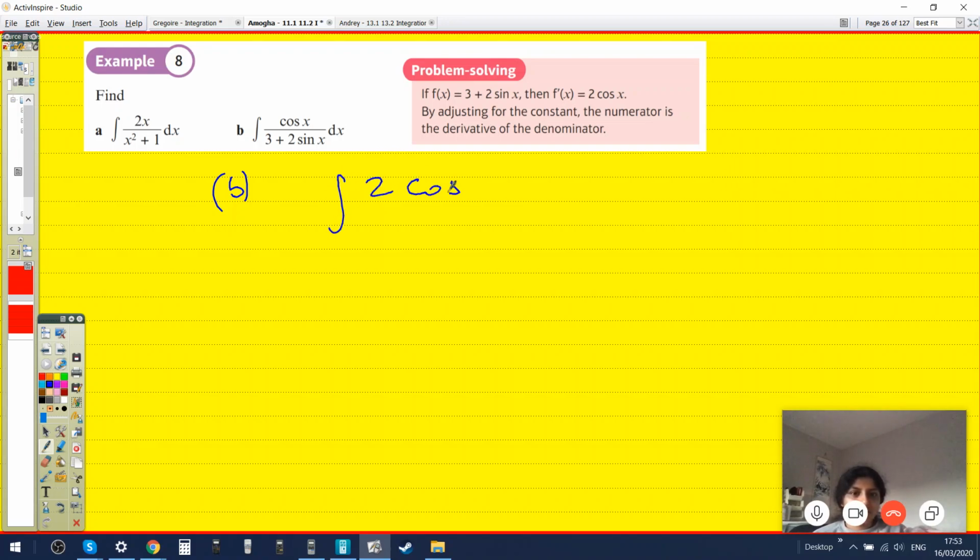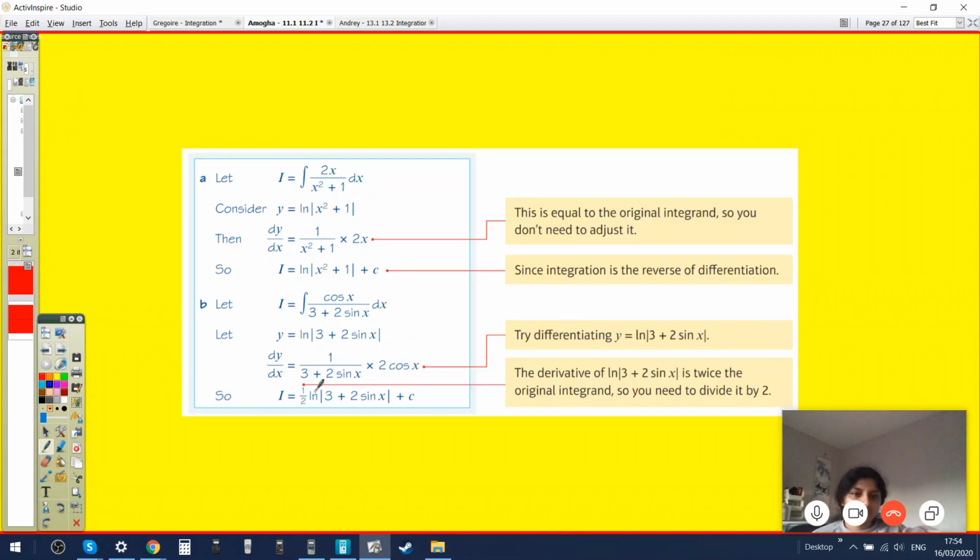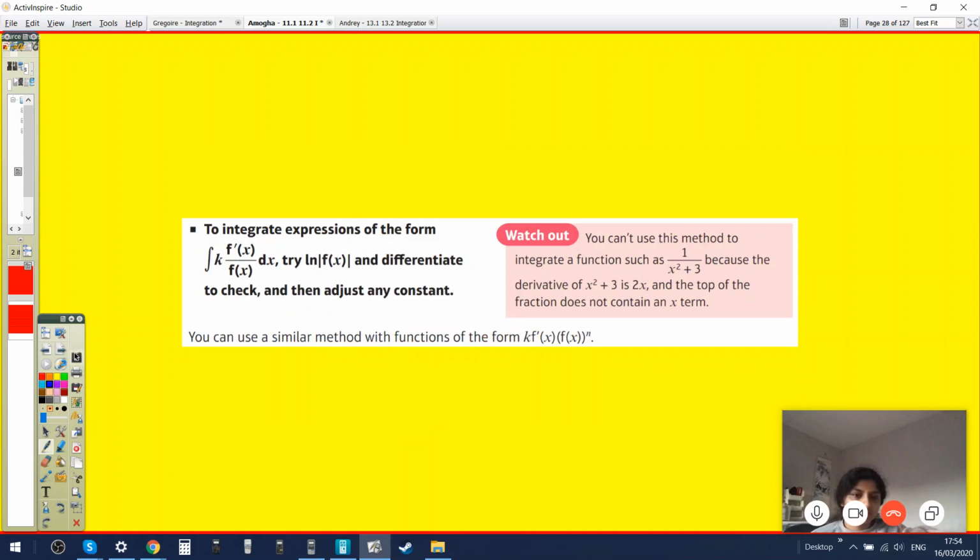So you have to multiply by 2, and then you have to put a half outside the integration. Now it's the same. So now you can just do half ln of 3 plus 2 sine x in modulus, plus c. Great.